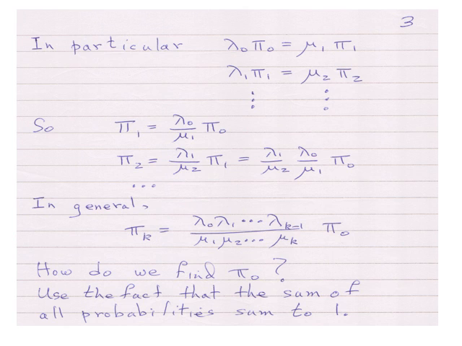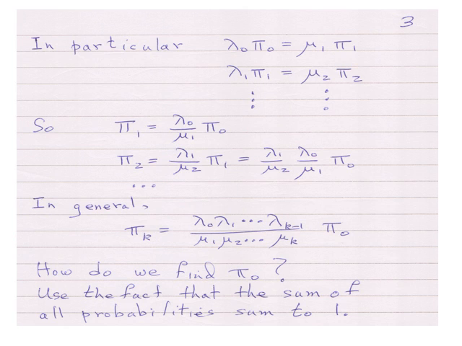We can change the subscripts and we get lambda 1 pi 1 is equal to mu 2 pi 2, etc. And we can keep on changing the subscripts, moving them up by 1. If we look at that first equation, we can solve for pi 1 in terms of pi 0. What we get is lambda 0 over mu 1 times pi 0 is equal to pi 1.